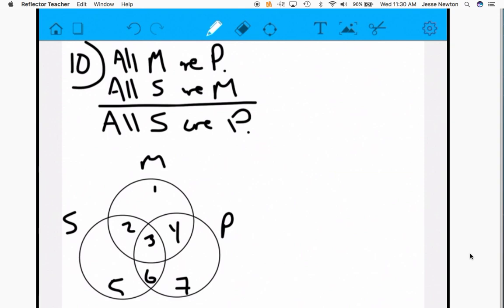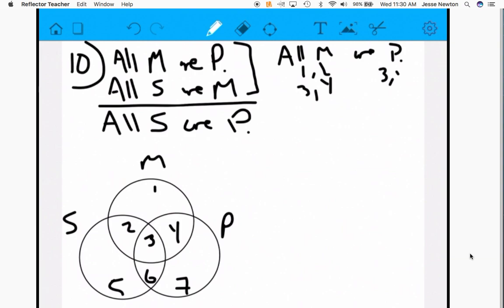Well, we can begin. We're going to begin by diagramming the combined premises, and we can pick either one since both use a universal quantifier. We'll just start with the first one. All M are P, and M is 1, 2, 3, and 4. P is 3, 4, 6, and 7.